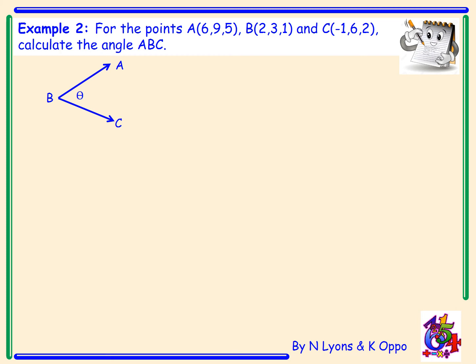Best to draw a diagram, and if we draw a diagram we can see we have to calculate the angle at point B. Therefore, we need to know the value of the components of vector BA, and we also need to know the value of the components of vector BC. So, to get the components of vector BA is A minus B, and to get the components of BC is C minus B.